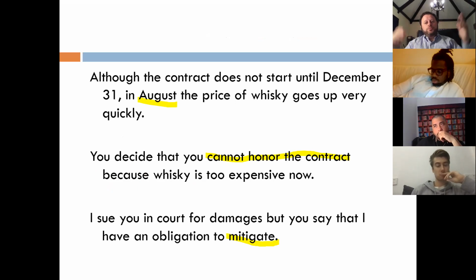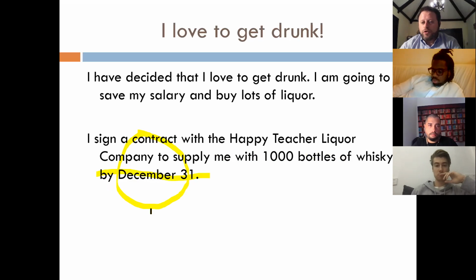You're saying 3 months before, I've decided I'm not going to keep my contract. And now, David, it's your responsibility. Go find someone else. Nah, dude. You're right. I do have an obligation to mitigate, and it starts on December 31st. If you wanted more time or something, you should have put that in the contract.